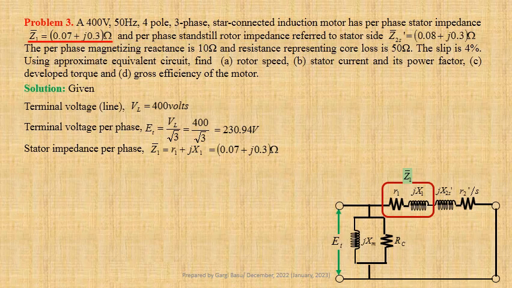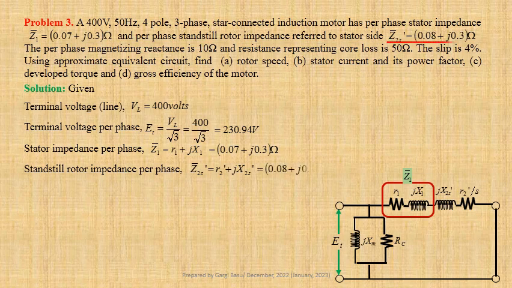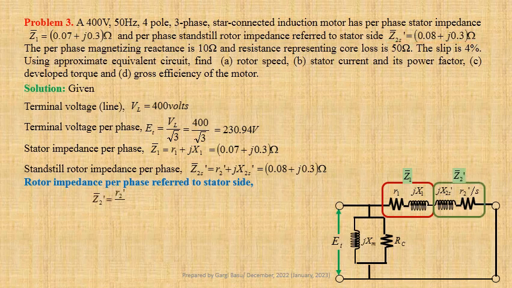ohm and standstill rotor impedance per phase referred to stator side Z2S' equals R2' plus jX2S' equals 0.08 plus j0.3 ohm. For any value of slip S, expression for rotor impedance per phase referred to stator side Z2' equals R2' by S plus jX2S'.